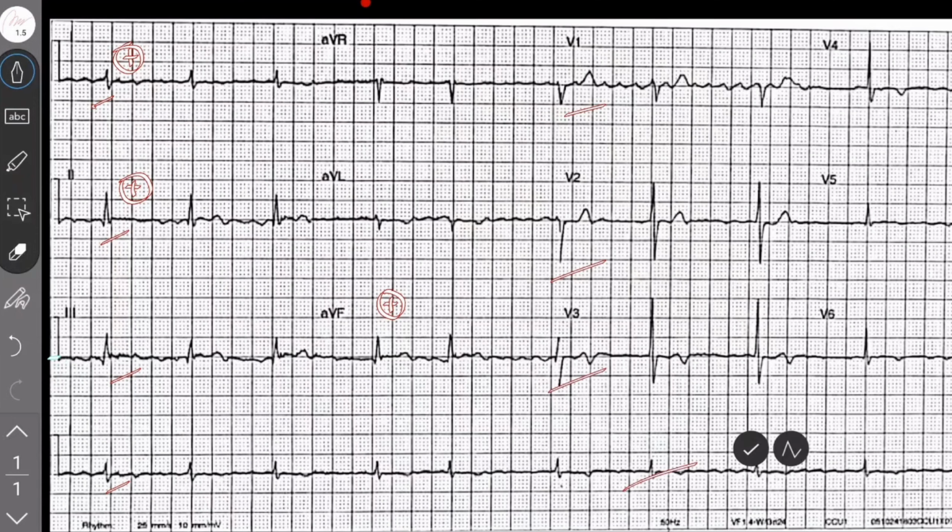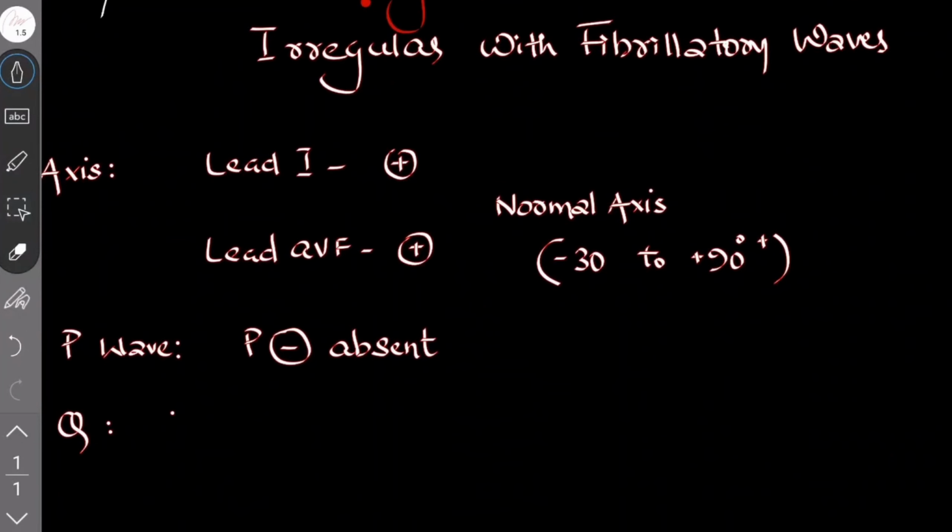We cannot find any, so there is no pathological Q wave. What about the PR interval? Since P waves are absent, it is not recordable.